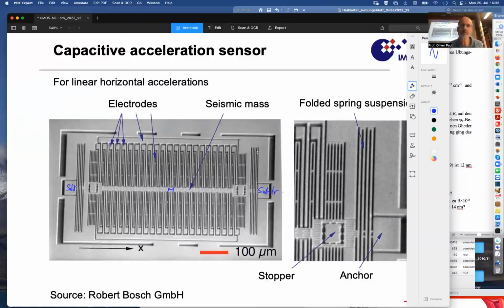And then we have some springs. Now those springs, so here is the anchor. The substrate is called anchor in this picture. This part is attached firmly to the chip in the back, which is packaged and attached to the car. And so the car lets this anchor point move according to the acceleration of the car.